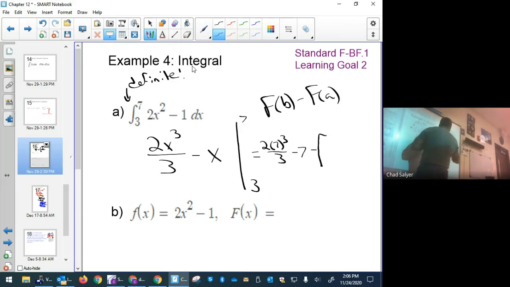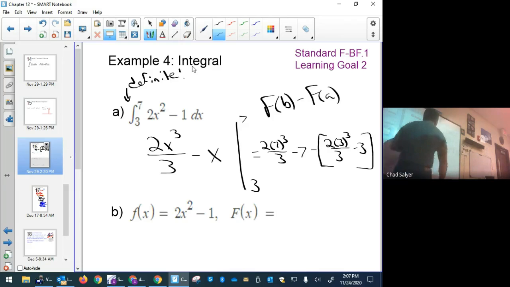And I'm going to use a big old delineator so that I don't make a sign error. And I plug in 3 now. So 2 times. So that's the antiderivative evaluated at b minus the antiderivative evaluated at a. The area under the curve of this function from 3 to 7, or its antiderivative if you prefer.